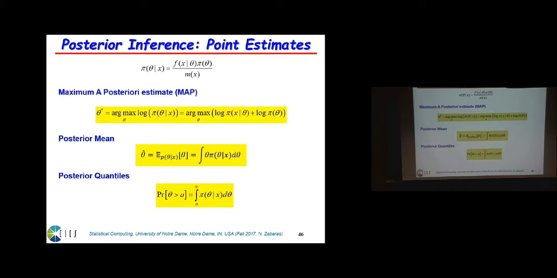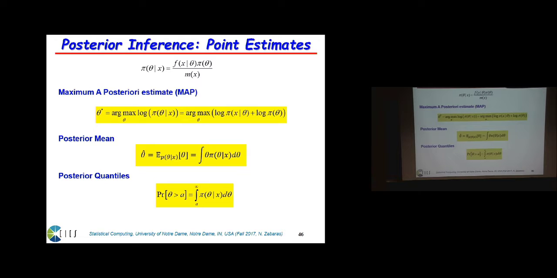Now, the MAP estimate, a lot of people would use this, and actually some machine learning books prefer to only work with the MAP estimate, no statistics or anything else, because it's good for what they do. Often it's the wrong measure of the posterior, okay, and we will do examples throughout the semester.